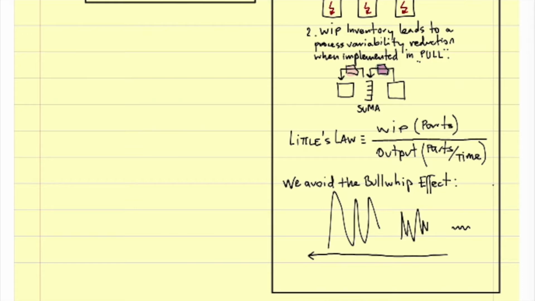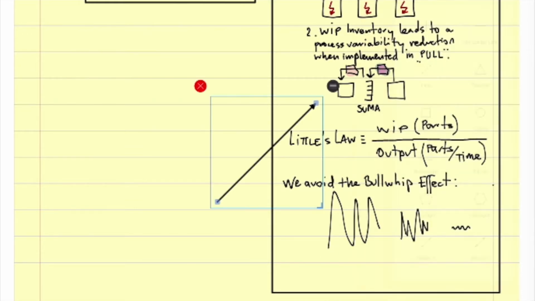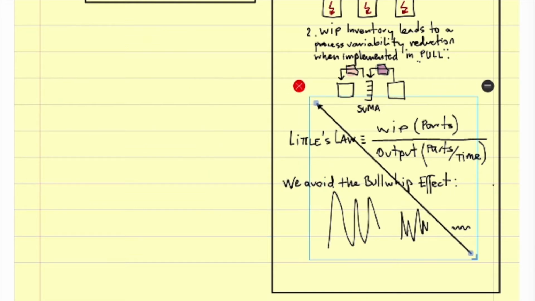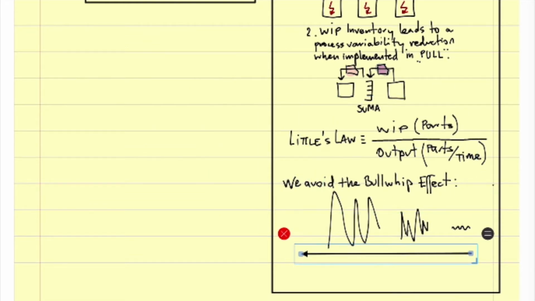This is very important for your job in the future. If you don't have these concepts on the tip of your tongue, then make sure you get familiar with them.